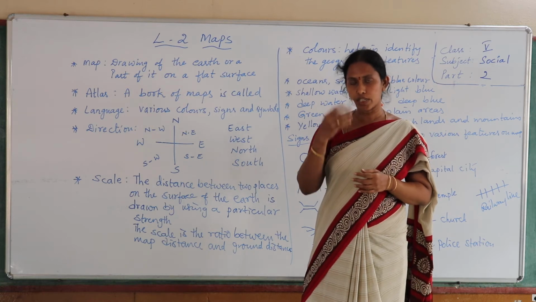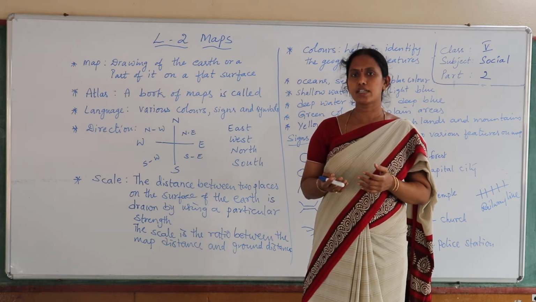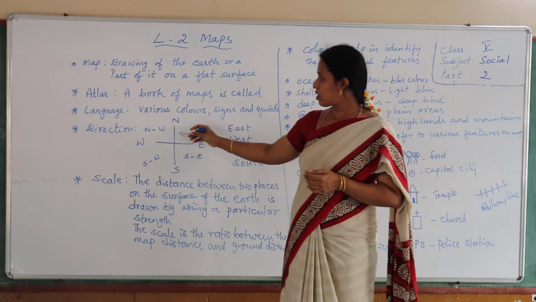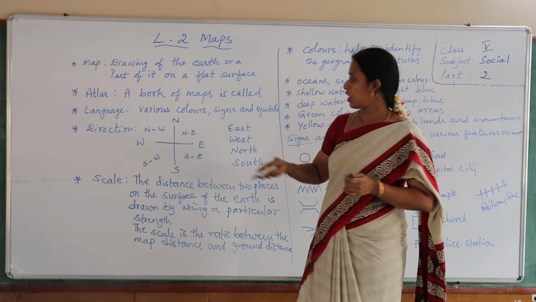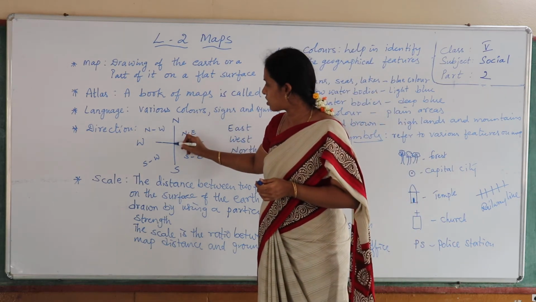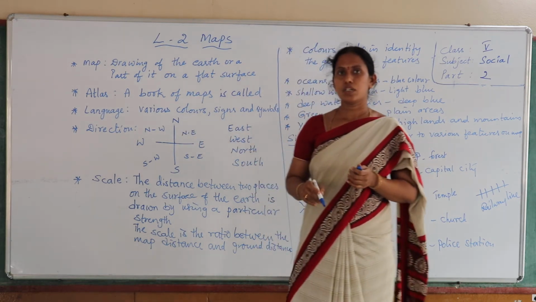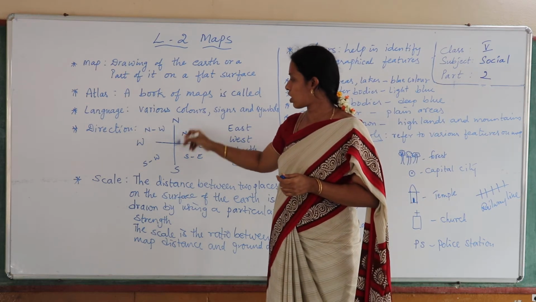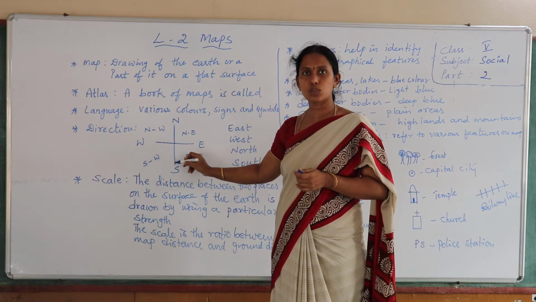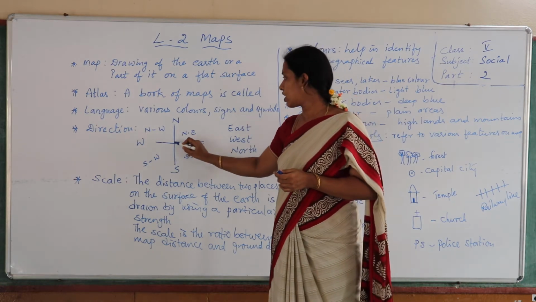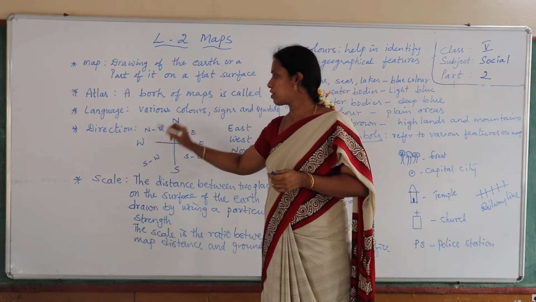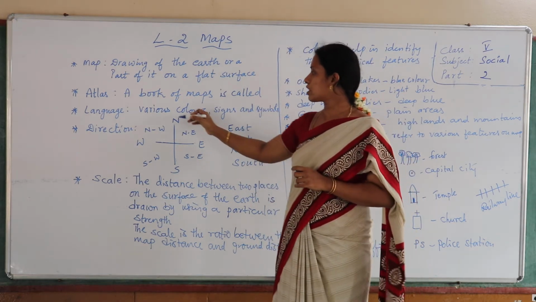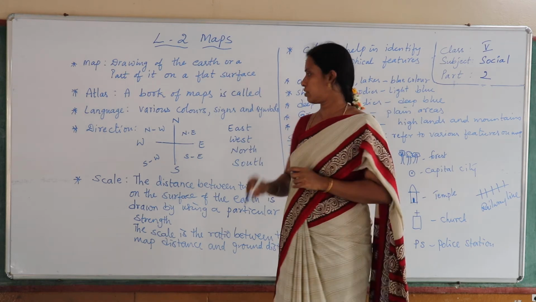If you take any map and place it on a table and see the map directions, first, the top of the map is north and the bottom is south. Your right side is east and left side is west. If you know the north, then you can find out the remaining directions easily.